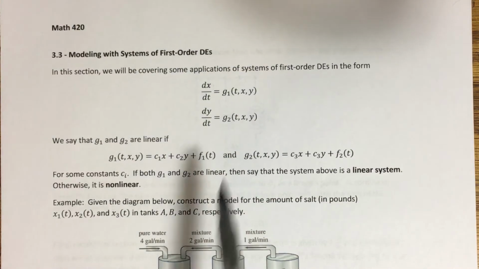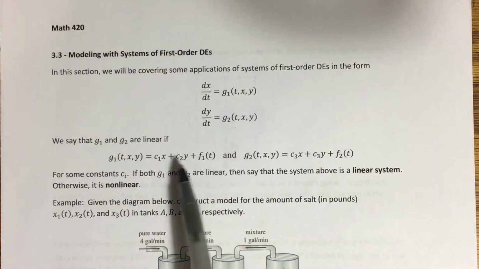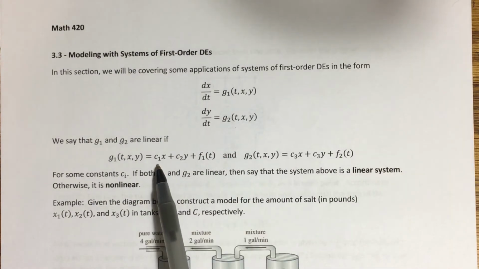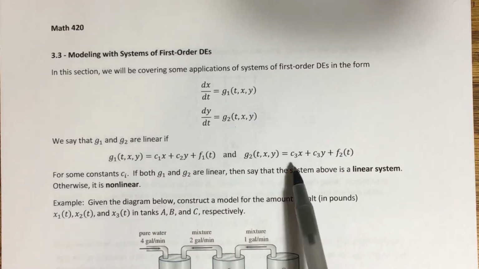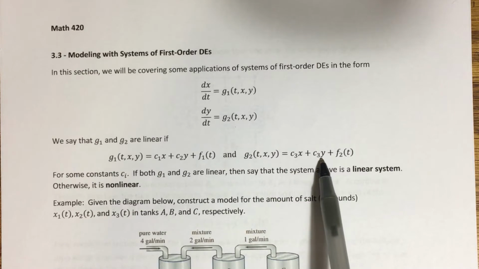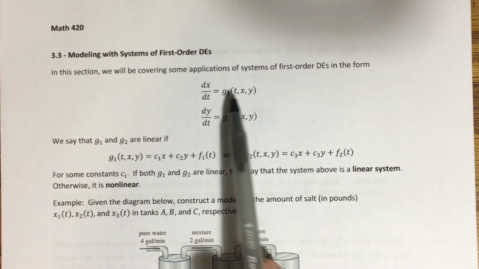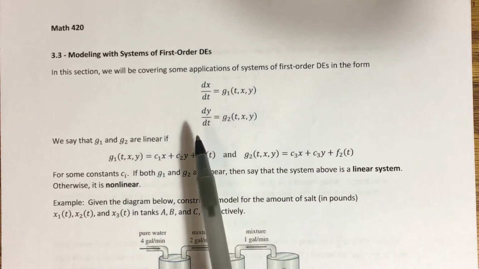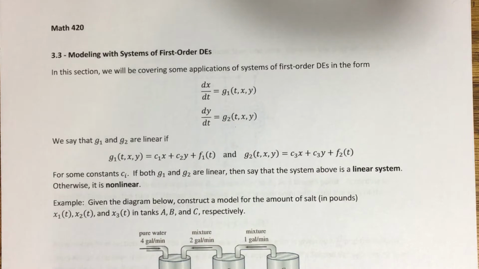In particular, if these functions g1 and g2 take these forms, so a constant times x plus a constant times y plus some function of t, another constant times x plus another constant times y plus some function of t, in these cases, we refer to these equations as linear, and we would say that the system is a linear system of differential equations.